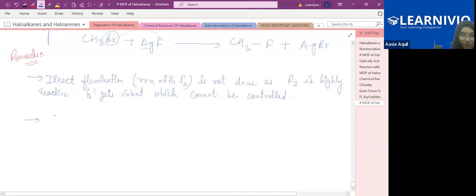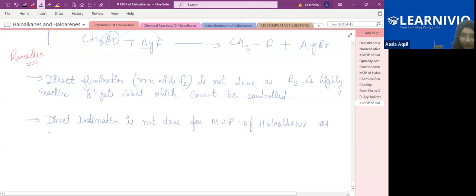Similarly, we don't do direct iodination because this reaction is very slow. Iodine is very less reactive. Direct iodination is not done as a method of preparation of haloalkanes.